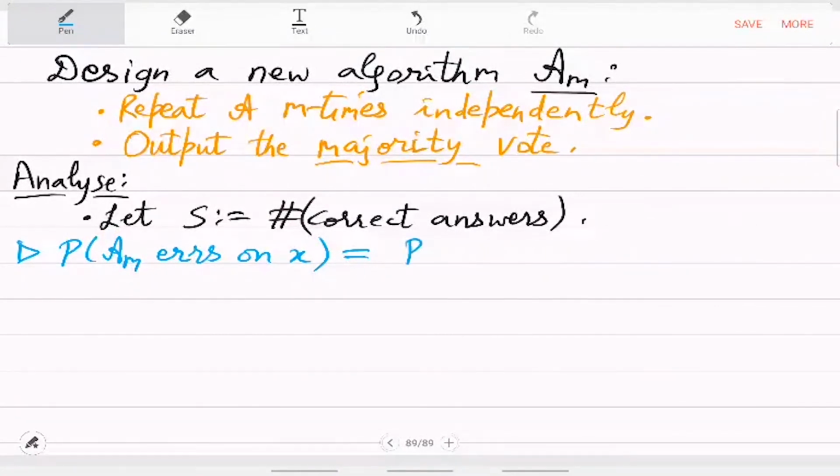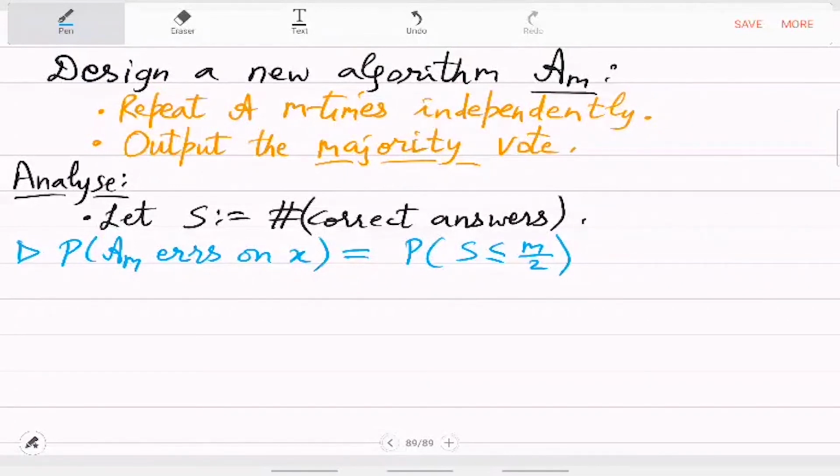So, that is the event that S is less than or equal to m by 2. Okay, so of these independent m iterations, more than m by 2 of them were wrong. That is the bad case.